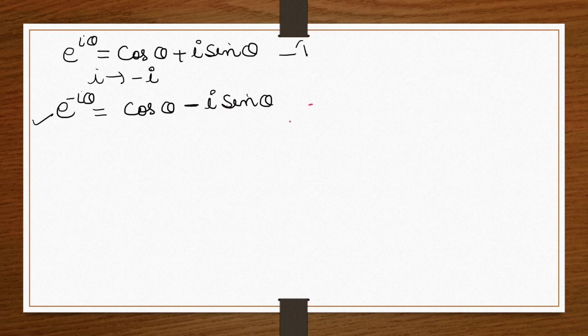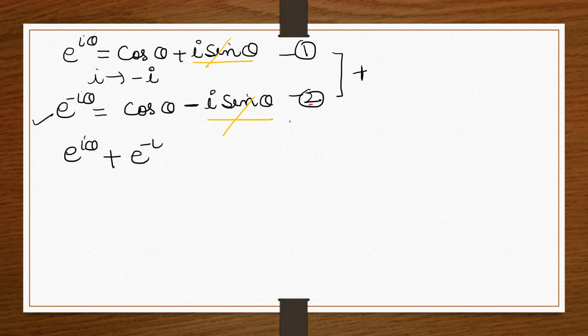Now let's say this is equation number 1 and this is equation number 2. If you add these two equations, what you'll get? Because we have different signs here, the sine terms will cancel. So we'll get e power iota theta plus e power minus iota theta equals, on the other side, the cos terms are added, so 2 cos theta.